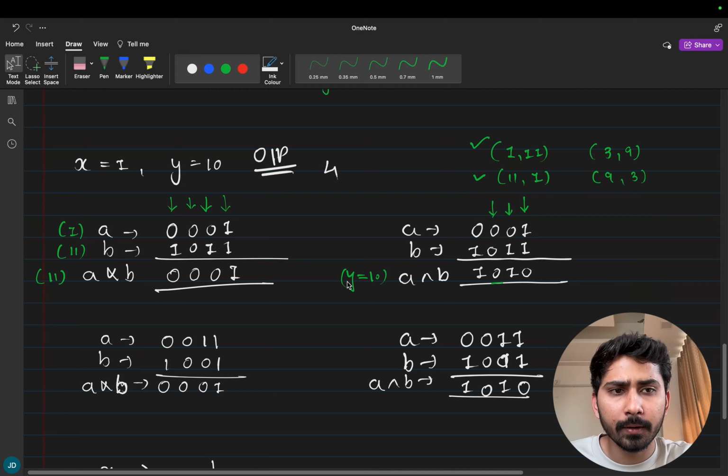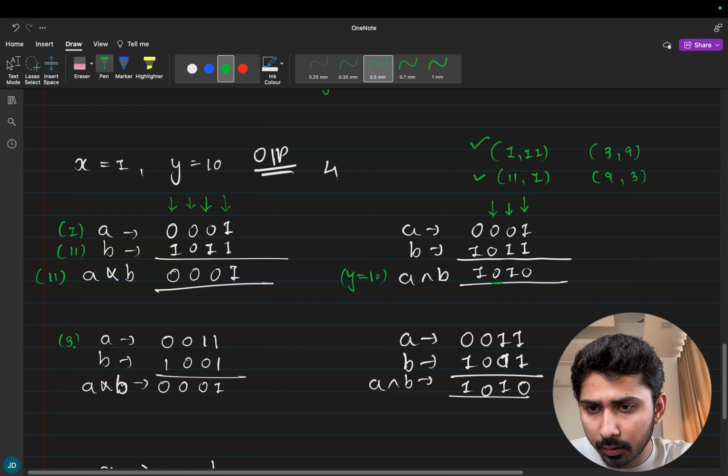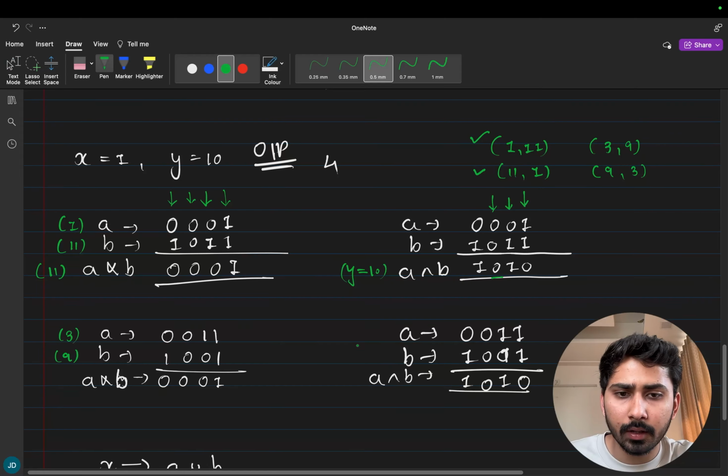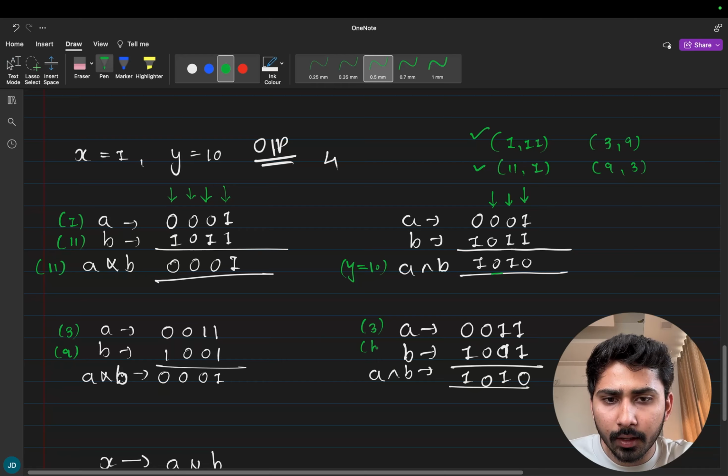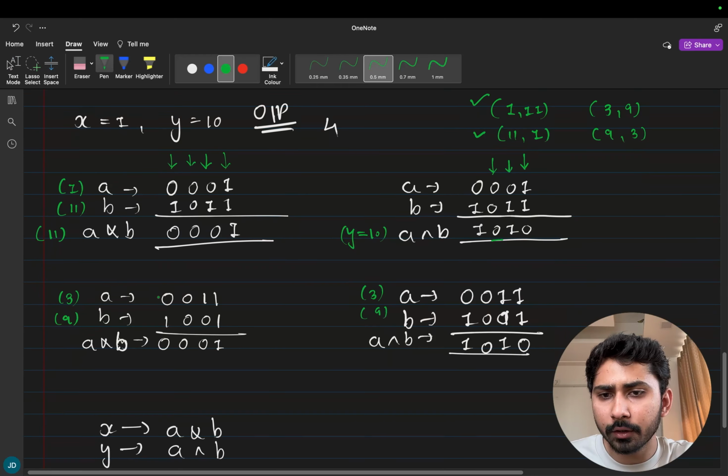Now let's see for 3, 9. Or let's say 9, 3. So I'll take A as 3 and B as 9. And here also A as 3 and B as 9, obviously. So let's see the AND operation here. So the AND operation will be giving you a 1 over here.